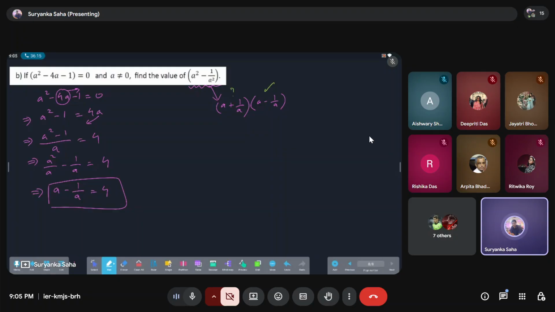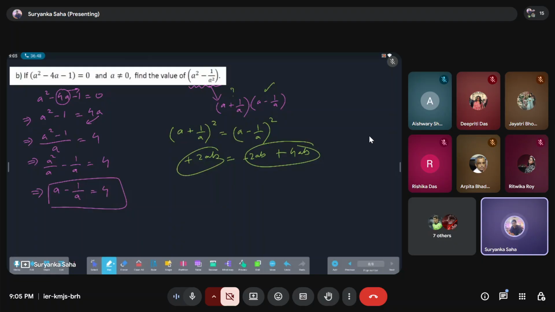You can do it by step breaking, or you can do it directly. For a plus 1 by a, you need to take help of the whole square. So it will be whole square equal to a minus 1 by a whole square. And what is the difference? This has minus 2ab, this has plus 2ab. So to balance it, you have to add plus 4ab so that both sides become equal.